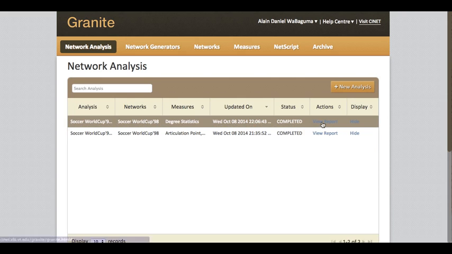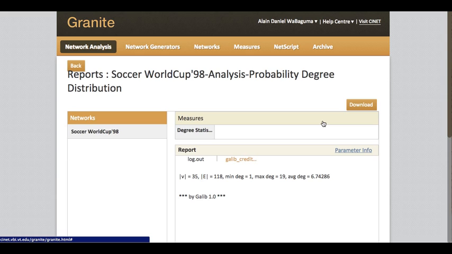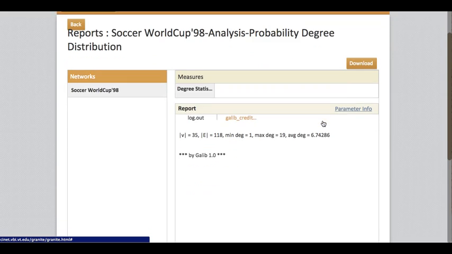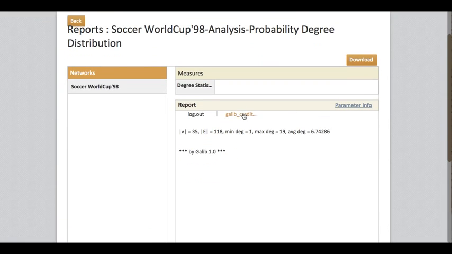But they are done now. Well, it's one thing to get these measures, it's another to understand them.